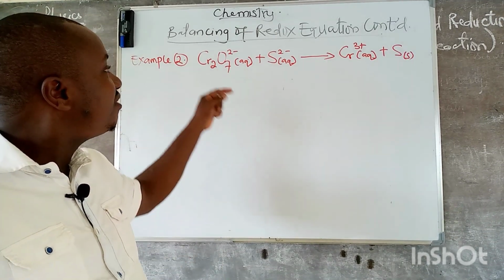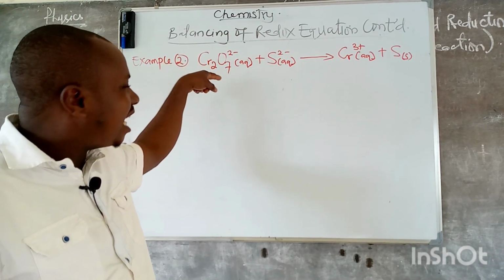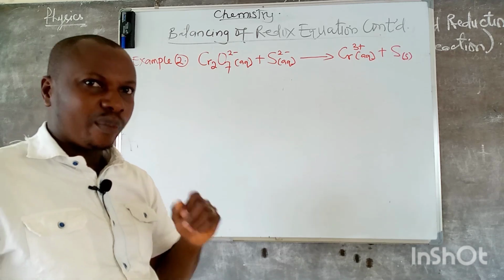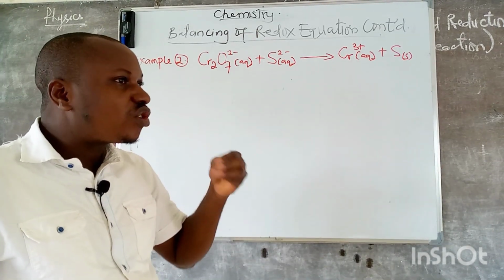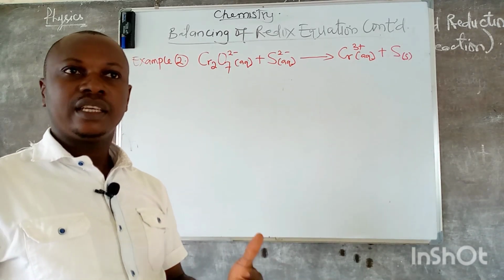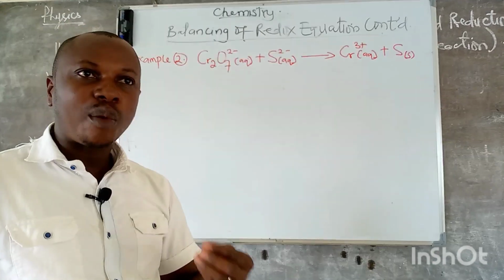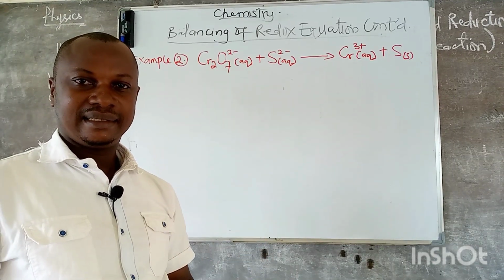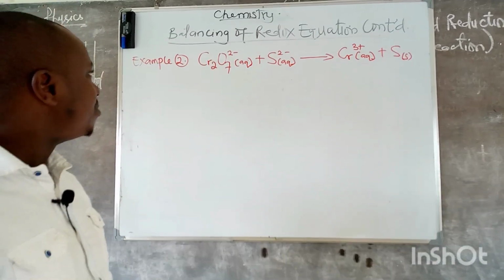And don't forget that if you are able to identify their changes in oxidation number, the one that has its oxidation number decreasing in the positive direction is the oxidizing agent. But the one that has its oxidation number increasing is the reducing what? Agent.